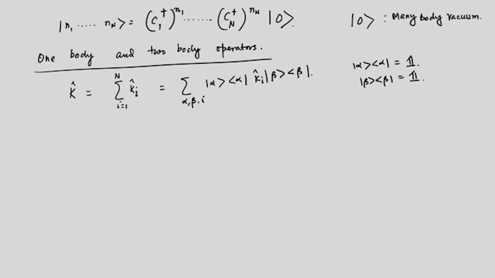Okay. So, I just introduced this complete set of states, and then we can write this down as alpha and beta and I and so on. And then we can write this as alpha, k I, and then beta. Then we can take alpha and beta and so on.